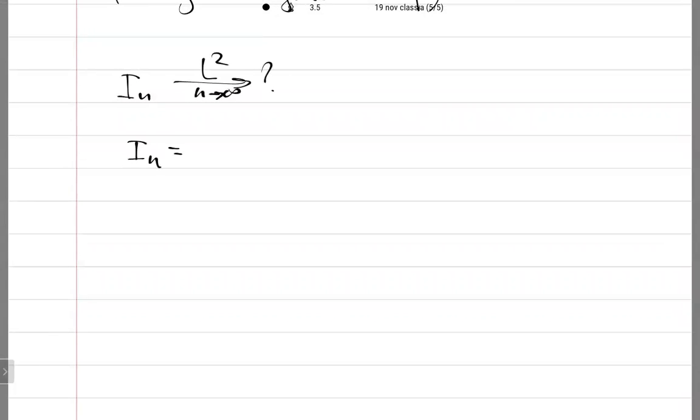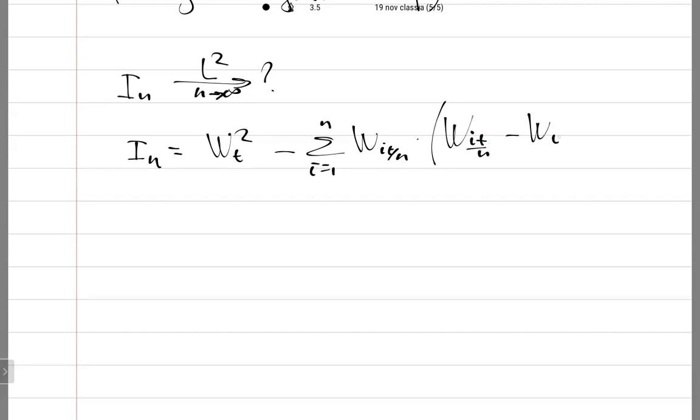I write again that In is Wt squared minus the sum, i changes from 1 to n, of W(i t over n) minus W((i minus 1) t over n), squared. Everything is fine. Now we will calculate the limit.